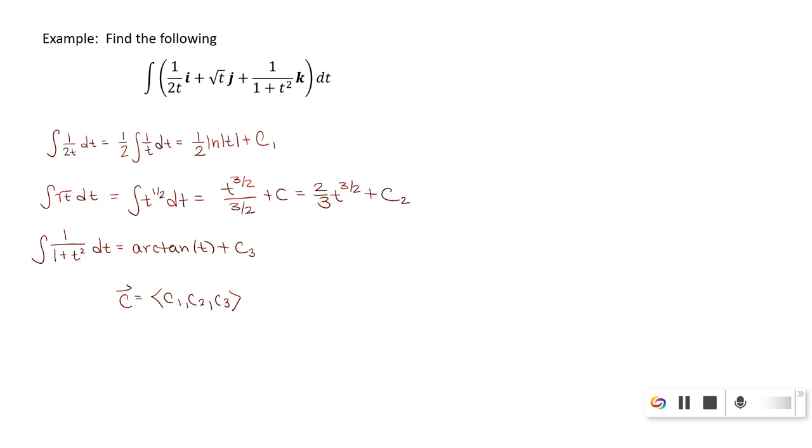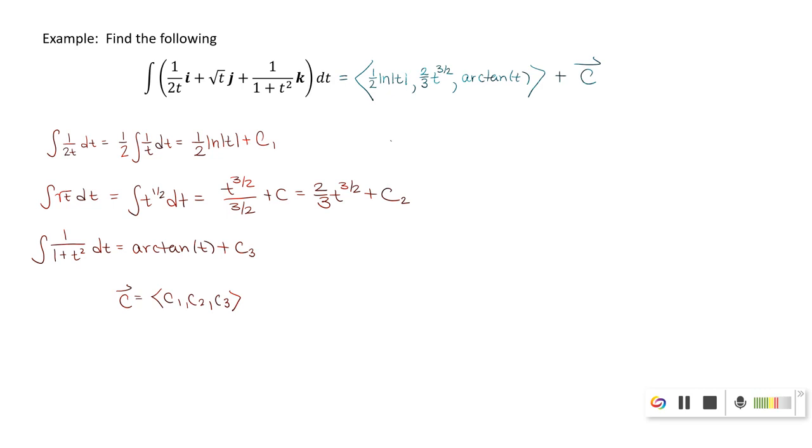Now, a slightly more compact way of writing this answer is to create a constant vector. So you can just create a vector called c that contains all your constants of integration. So I'm going to say vector c is a vector that contains constant 1, constant 2, constant 3.